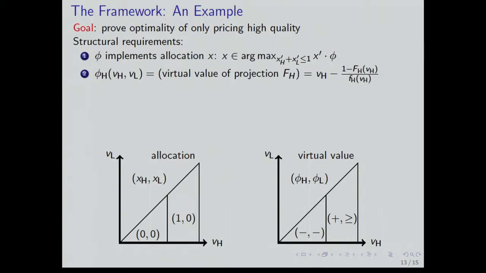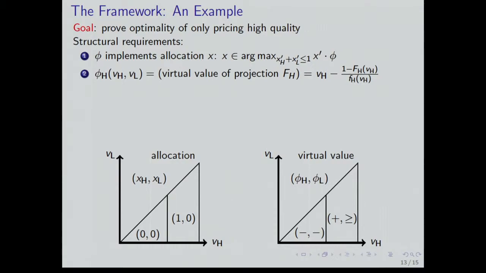There's one more step, that now I can actually pin down the virtual value of the high-quality product. Because notice that at this point, I'm requiring that my virtual value for high quality goes from negative to positive. So it must be 0 on this line. So it must not be a function of what the value for the low quality product is. Let's impose this everywhere.